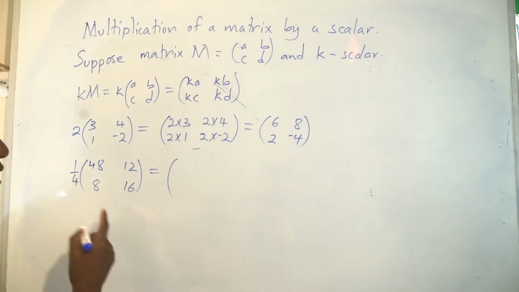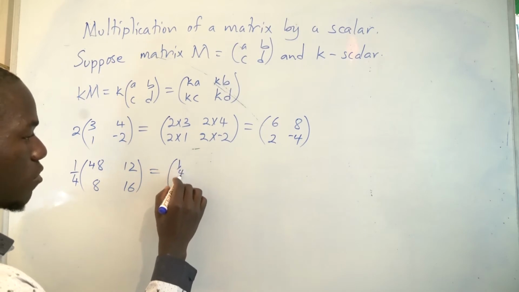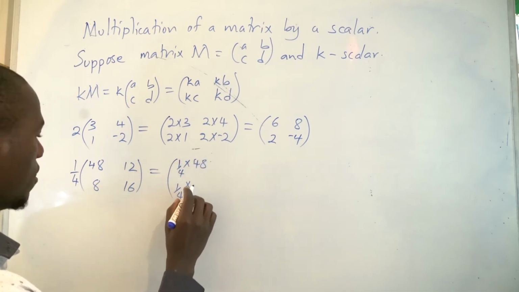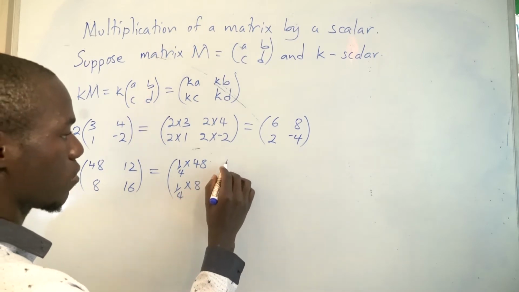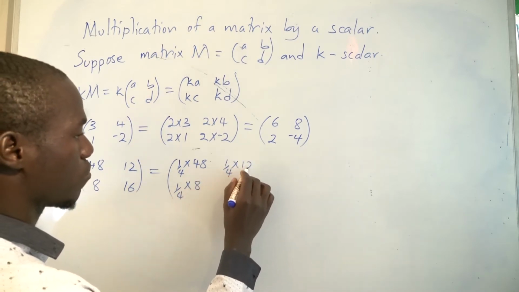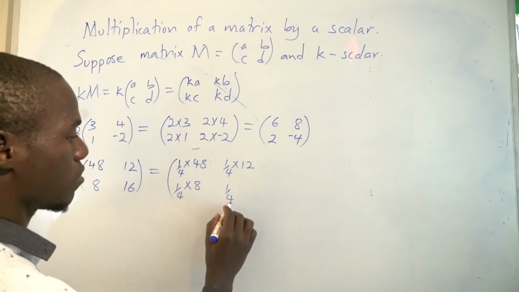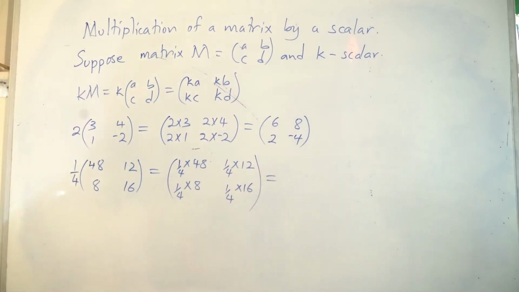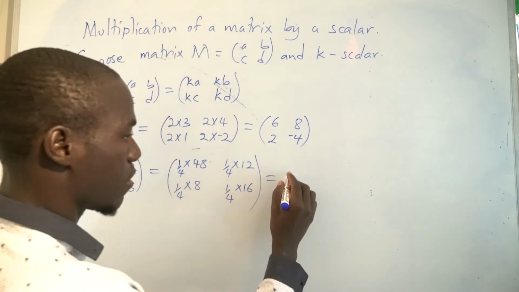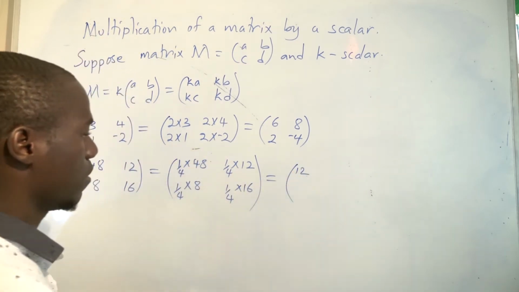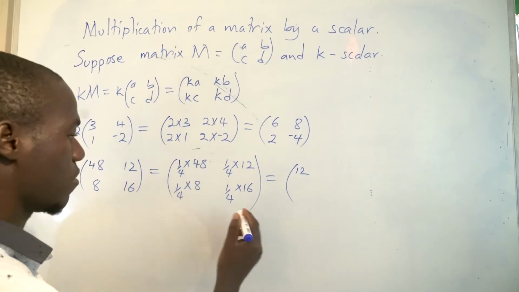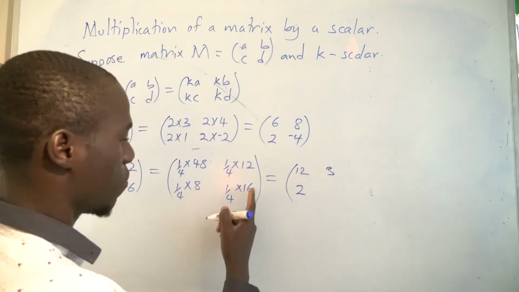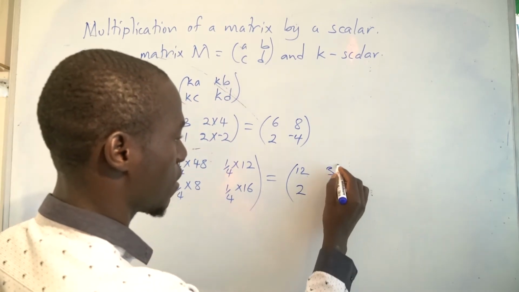The same thing: the quarter is going to multiply the 48, the 8, the 12, and the 16. When you complete this, you shall be having a 12, a 2, a 3, and a 4.